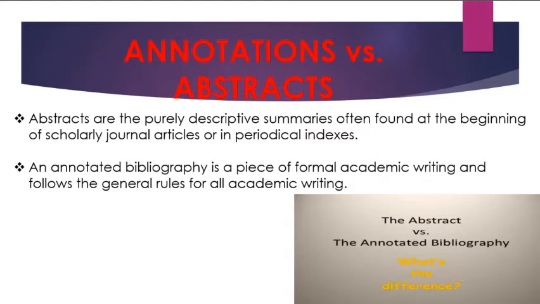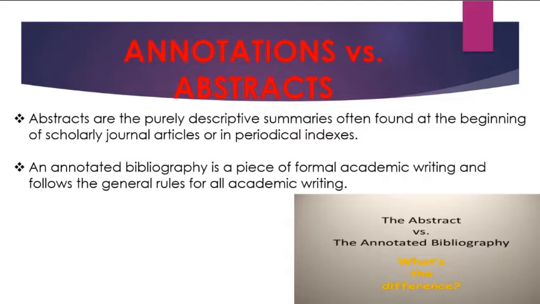Annotations versus abstracts. What's the difference between annotations and abstracts? We could say that abstracts are purely descriptive summaries often found at the beginning of scholarly journal articles or in periodical indexes. I know most of you must have seen projects written by other students or term papers.